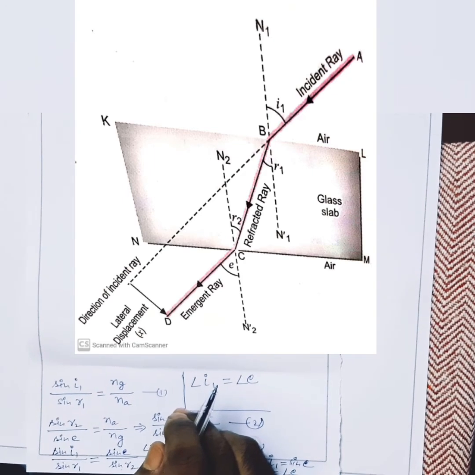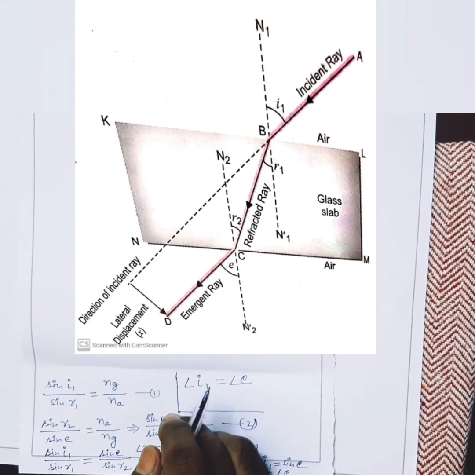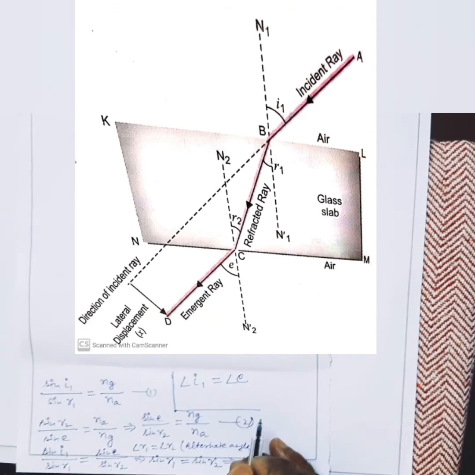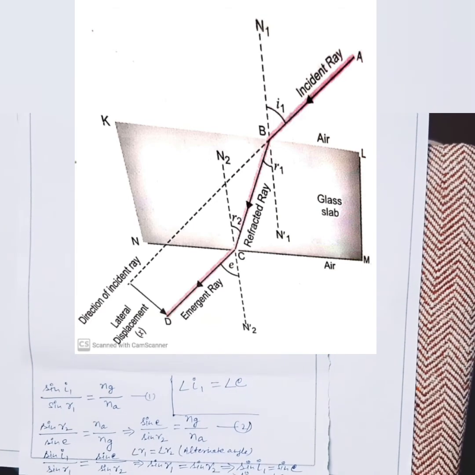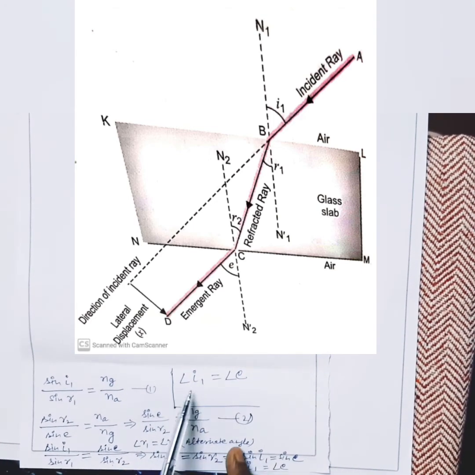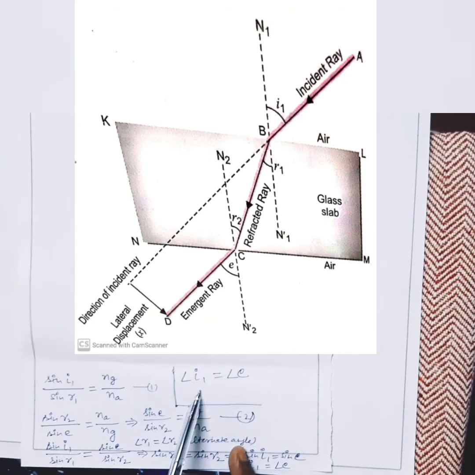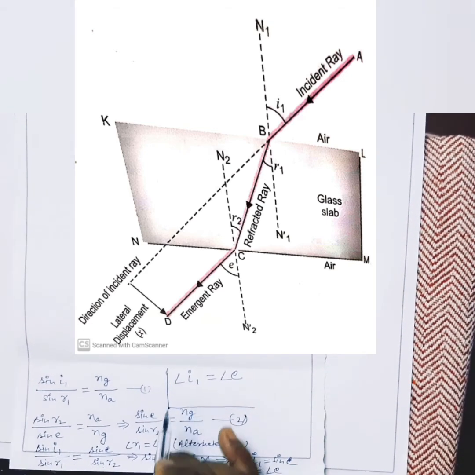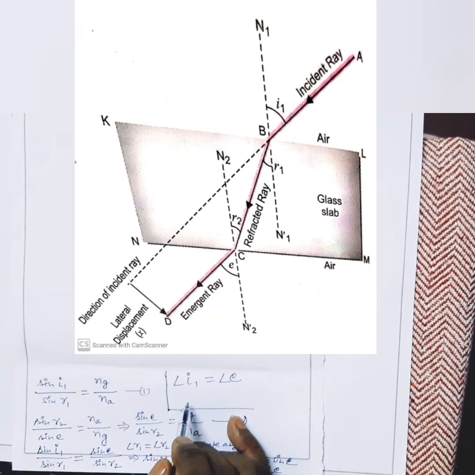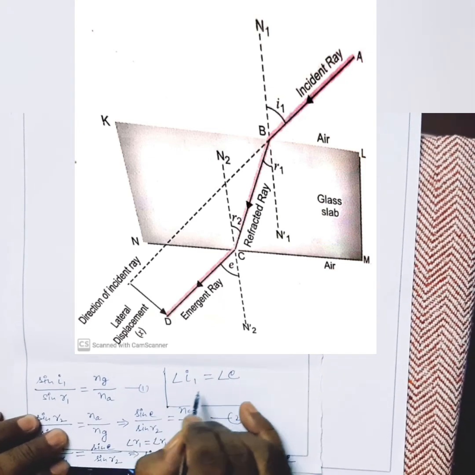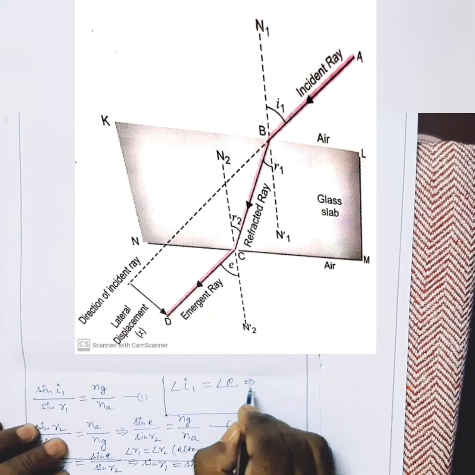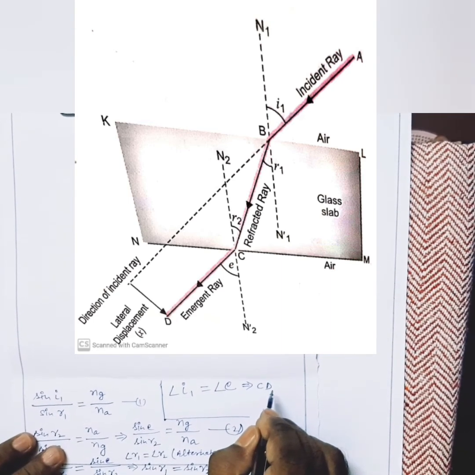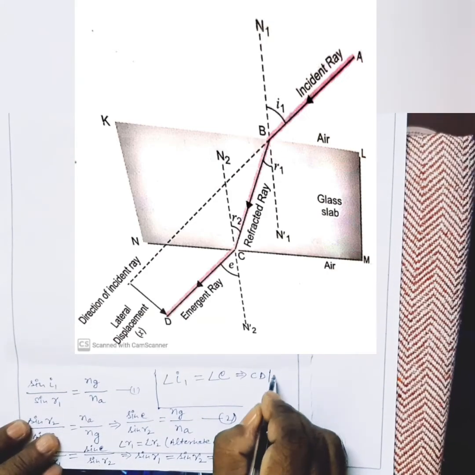This means that the angle of emergence at the second boundary MN of the glass slab is equal to the angle of incidence I1 at the first boundary KL of the glass slab. That is why CD is parallel to AB.